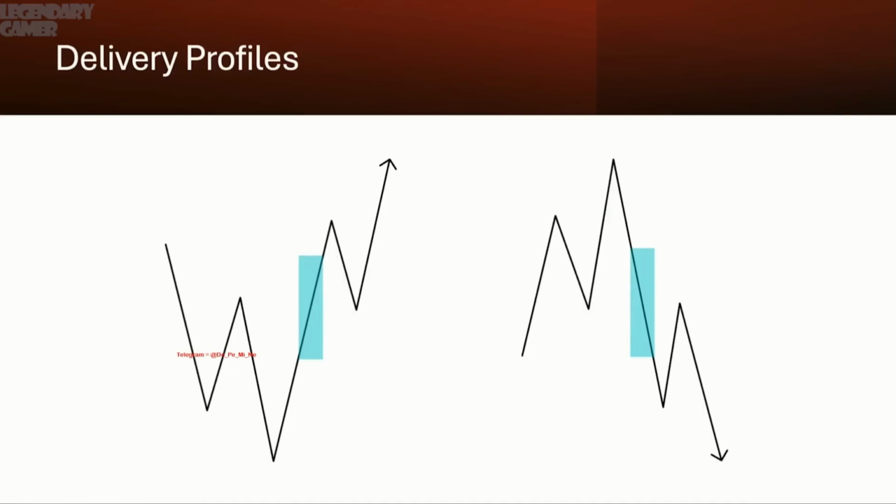If we would take a look at a scenario in which no imbalance formed on the left side of the curve, it would look like the following. Where we would see sell side delivery, buy side delivery, sell side delivery. So now we have seen sell side twice and buy side only once, followed by buy side delivery, but this buy side delivery creates this BC. Therefore, we need to see sell side delivery into that BC once more before we're allowed to expand higher.